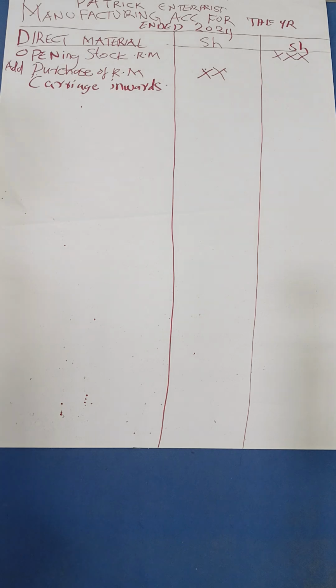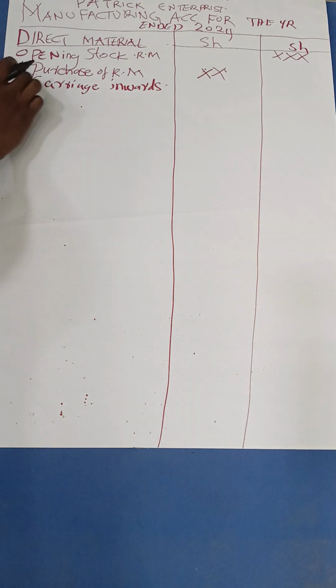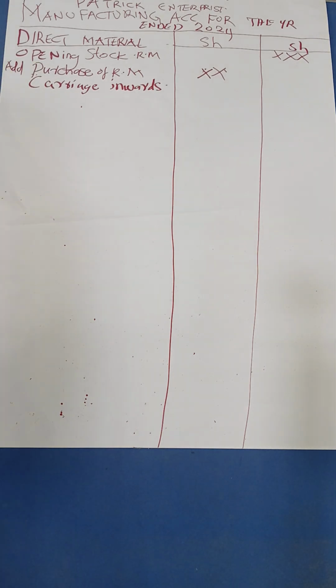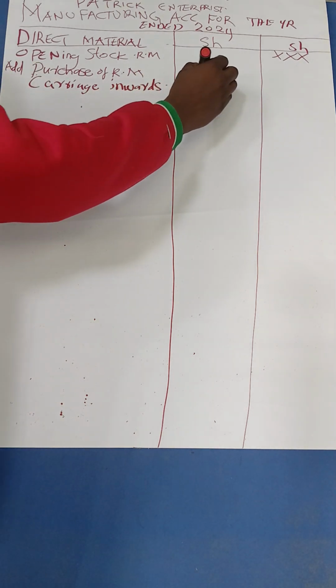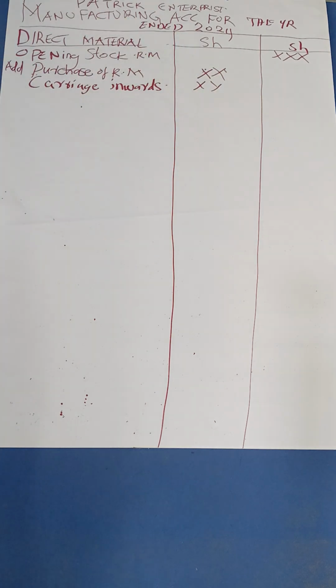You store the goods because time has caught you on the way and it is late. You decide, let me store the goods in this warehouse and proceed another day. That cost that you will pay for that storage is under carriage inwards. So we add carriage inwards on these purchases.